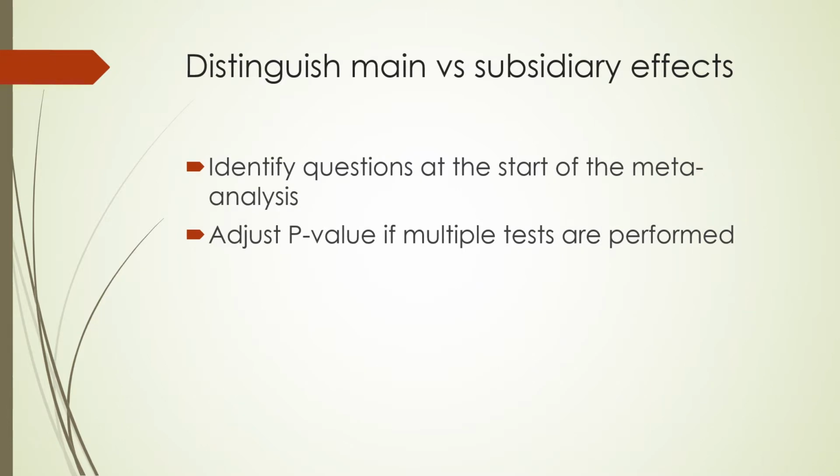Another point that was made is to distinguish between main and subsidiary effects. So, you may have a particular effect that you're most interested in, how, say, fire affects greater sage-grouse populations, and you're mostly interested in just the total number of individuals in the population before and after a fire has come through, for instance.